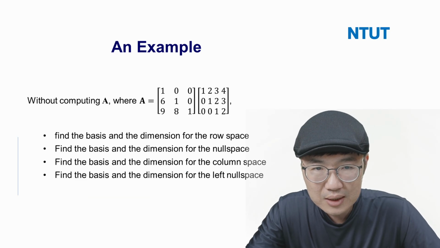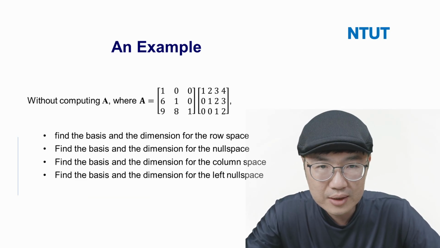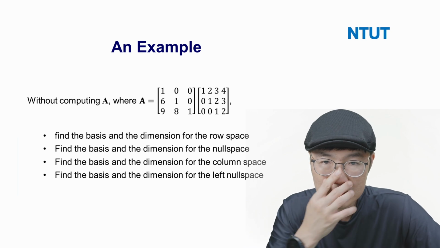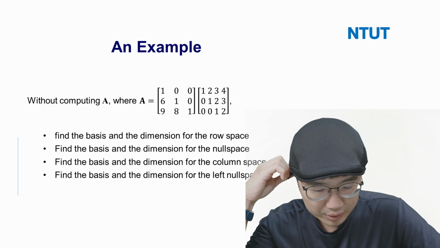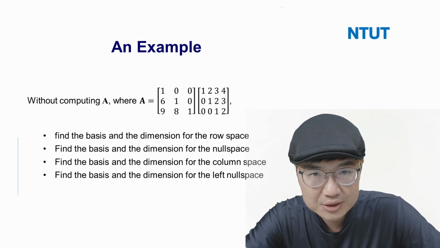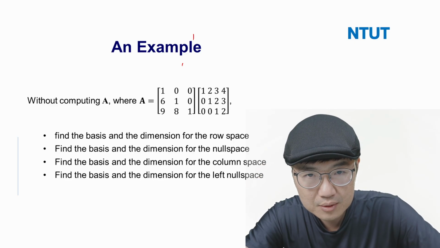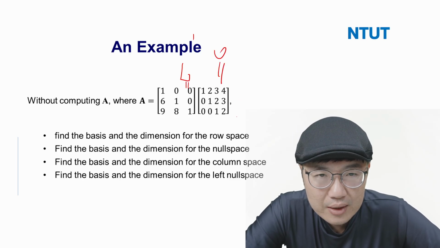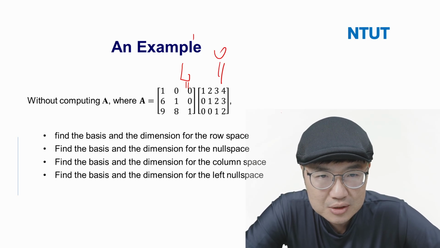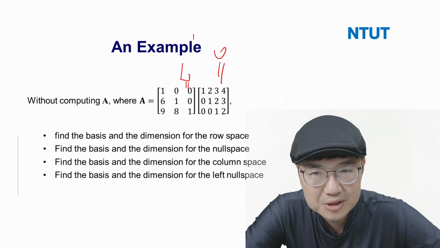So let's move to an example here. Without computing, we already have the LU decomposition for A. A is LU, so let's find the basis and dimension for the 4 fundamental subspaces.